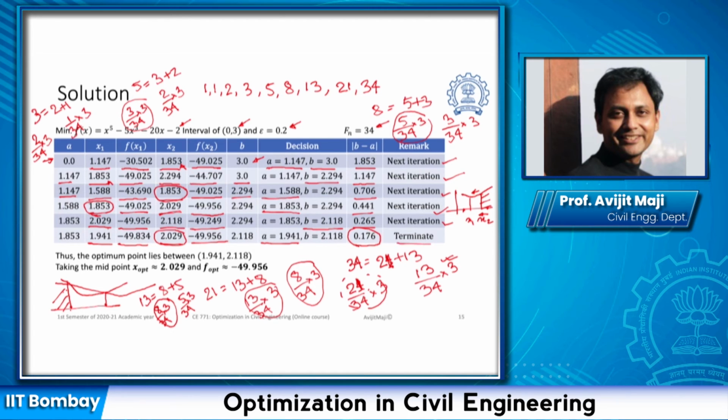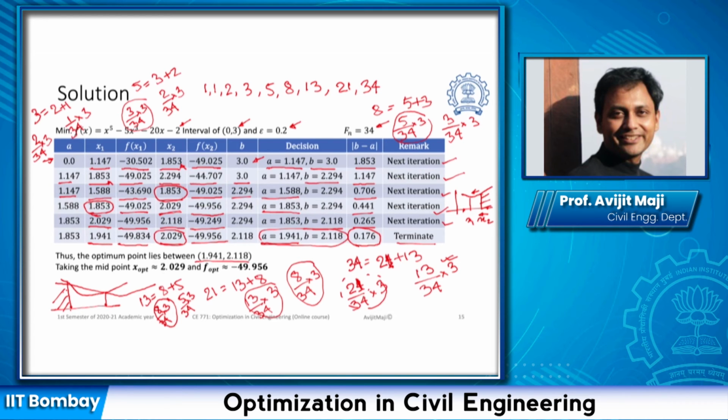So we are terminating, and once we terminate, we can say that our optimum point is going to lie within this boundary. So that is what is being reported. We can always choose the middle point of this boundary as our intended result.